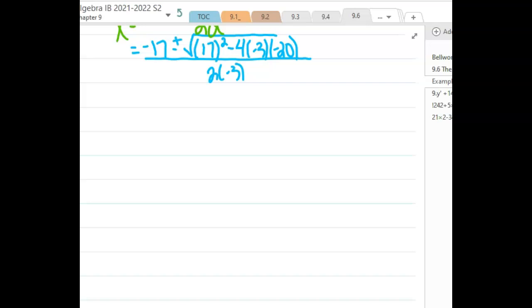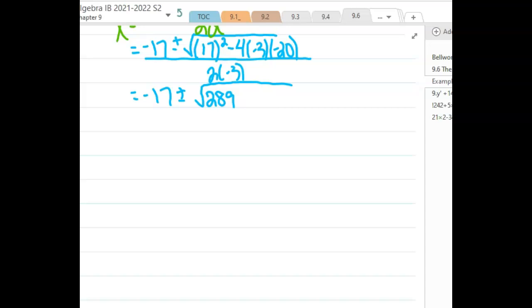Now, this is the most important step in simplifying. We're going to do negative 17 plus or minus. I can't do anything with that. It stays the same. But underneath my radical, I can take 17 squared. 17 times 17 is 289. Now remember, the sign that comes after is so important because you are multiplying. Negative 4, it's always going to be a negative 4 because it's minus 4ac.